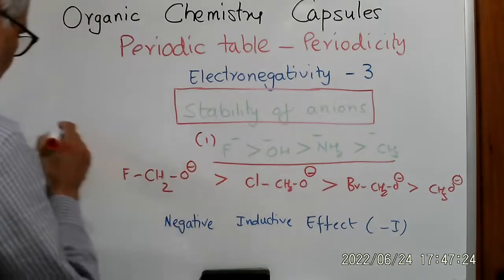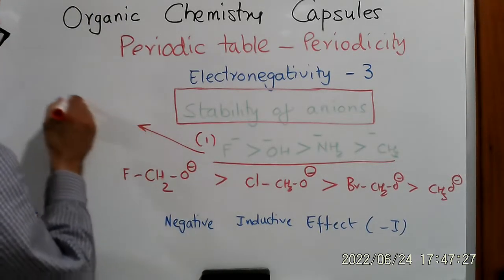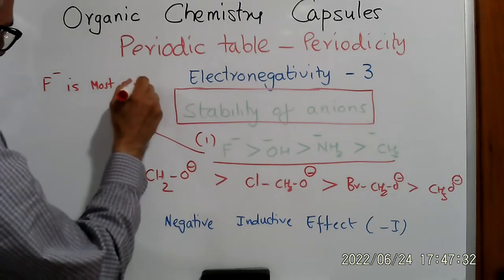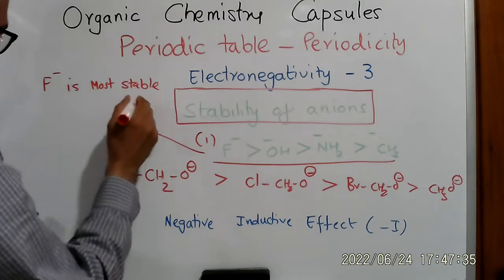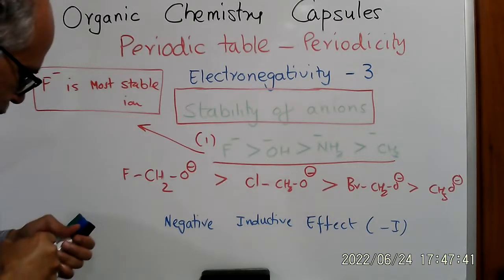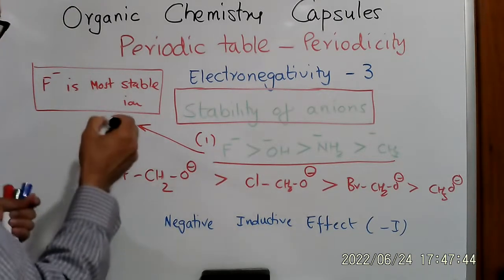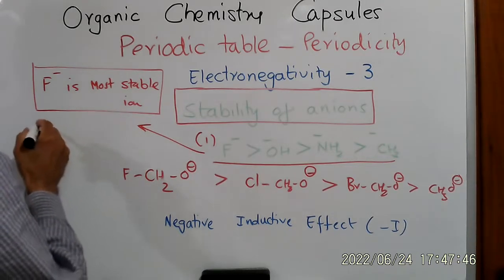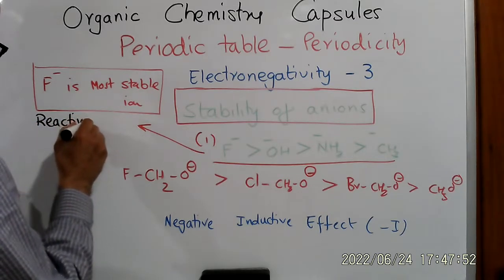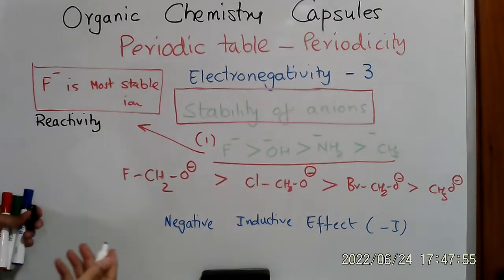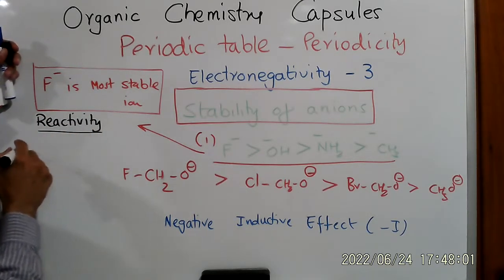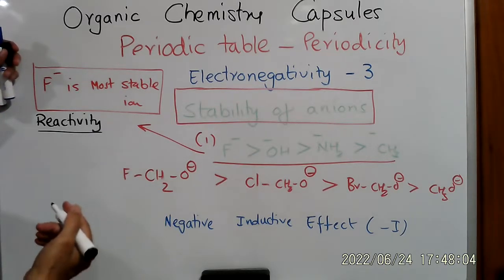So in this one here, fluoride is the most stable ion of the four. Let me put a different spin on it. In terms of reactivity, since we do many organic reactions, whatever is most stable is least reactive.